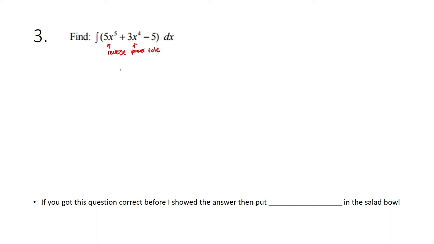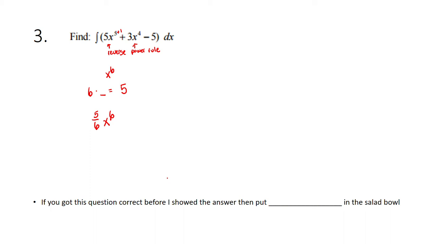If I do the reverse power rule, then I'm going to add 1 to the 5th power. So that becomes x to the 6th power. Then I'm thinking 6, which is my exponent, times what is equal to my original coefficient, which is 5. So that's going to become, think about division, 5/6.